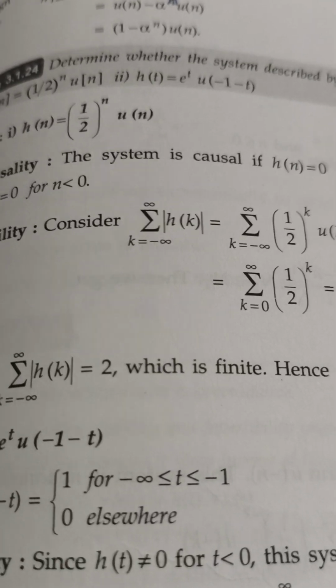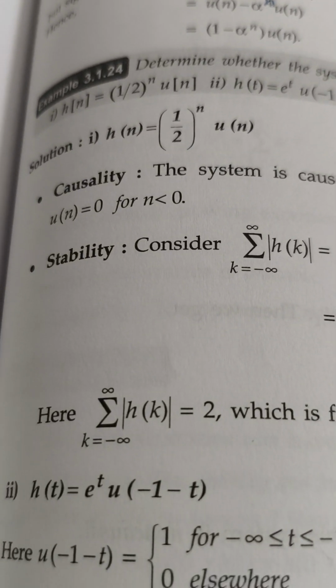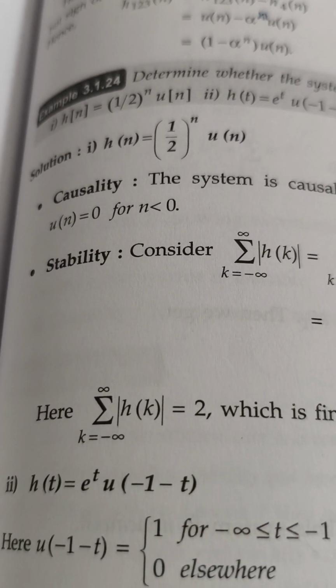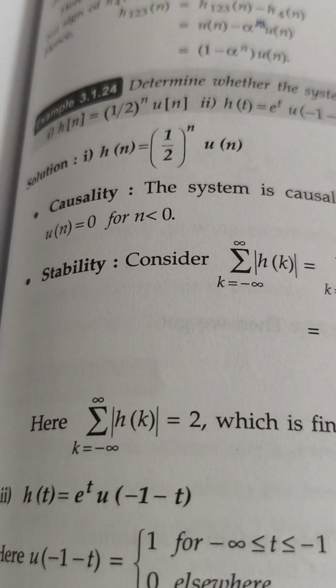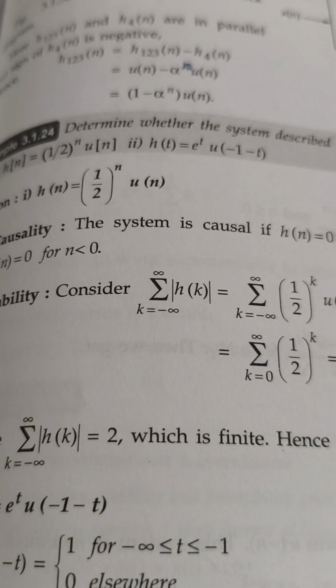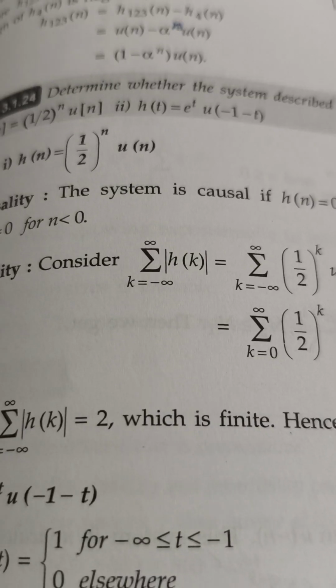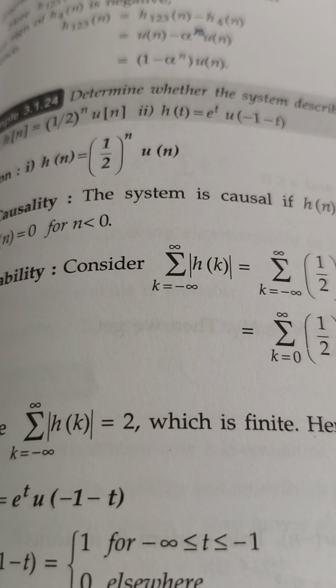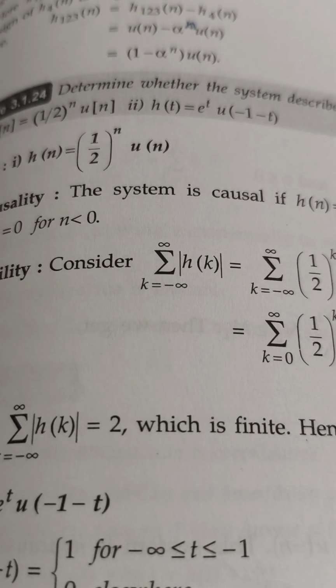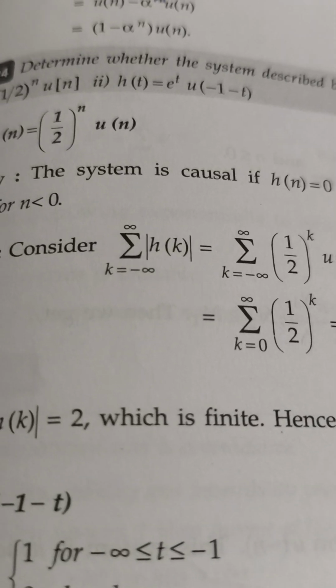But here, since the system is discrete in nature, we have to take the summation from k equal to minus infinity to plus infinity of modulus of h of k.